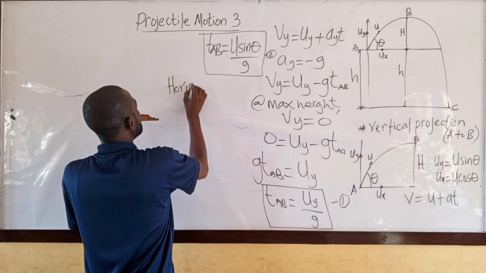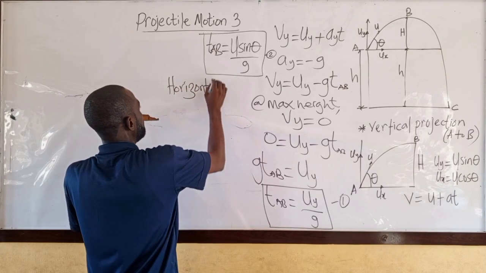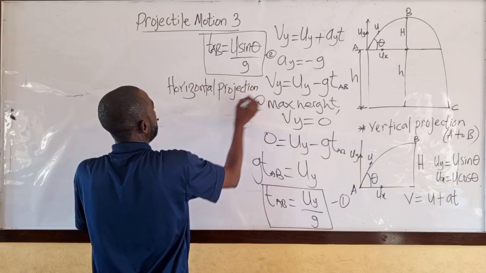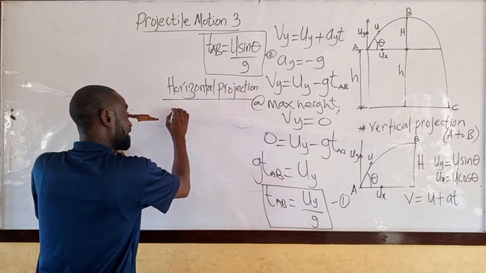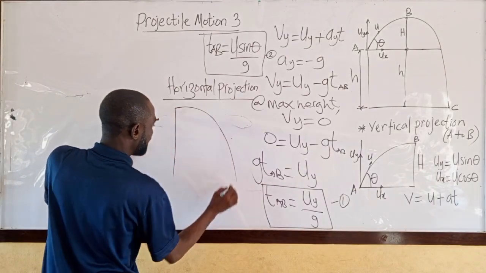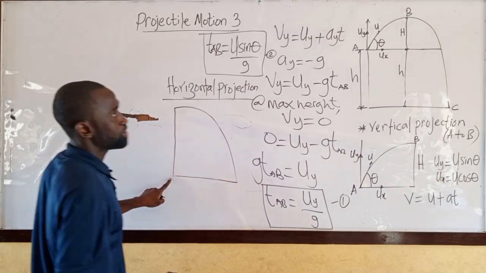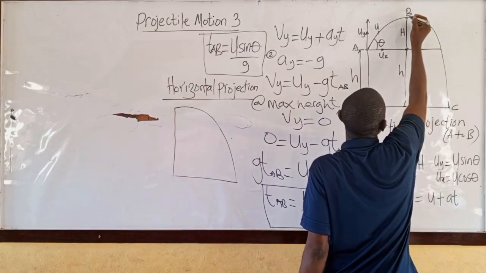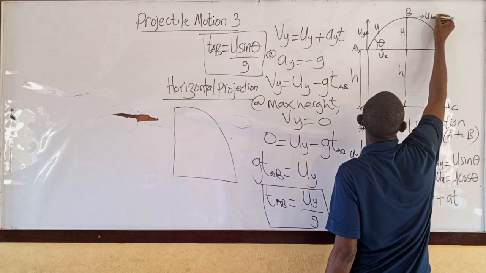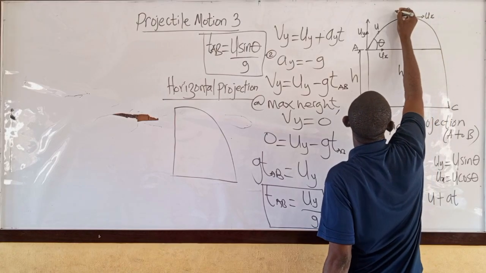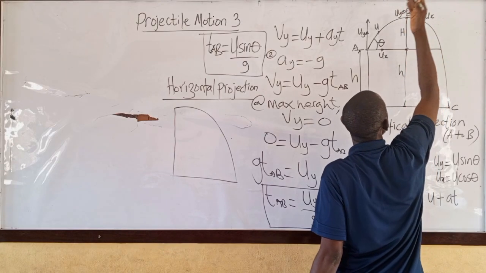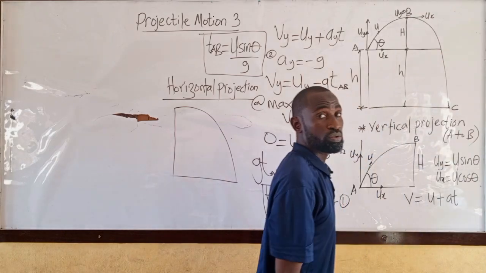Our horizontal projection will be like this. Look at this very well, class. So I have something like this, horizontal projection. At this point, this body will have U of X. At this point, V of Y equals 0.